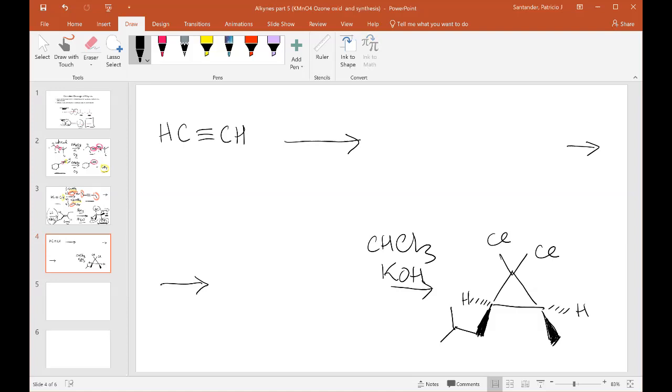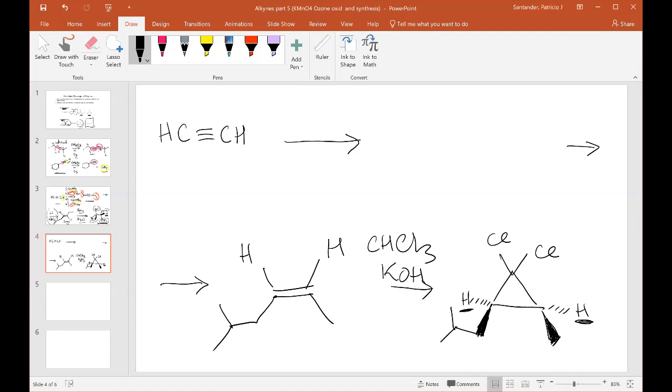What kind of alkene will this be, cis or trans? The fact that I have hydrogen and hydrogen both as dashed lines means that the alkene was a cis alkene, right? And I have this other group here and the methyl group there, right?